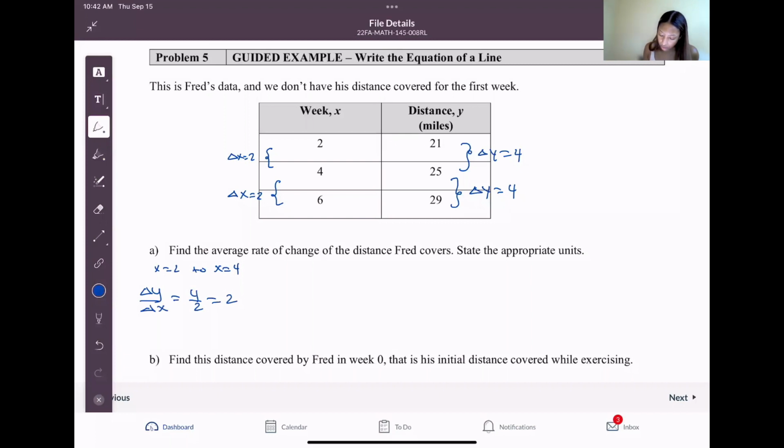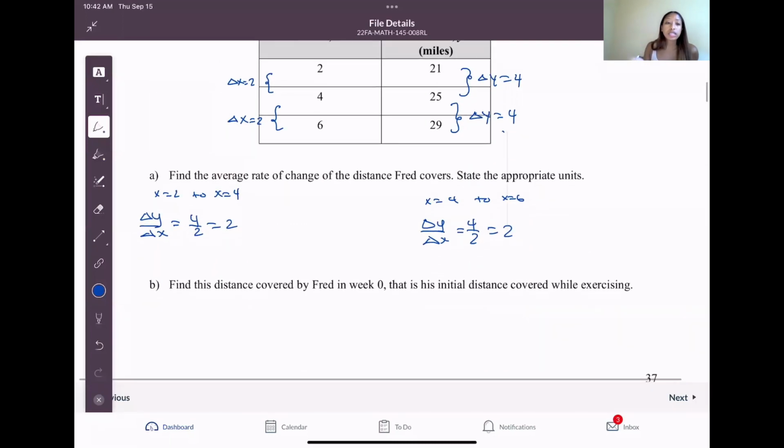Same thing for x equals 4 to x equals 6. Delta y over delta x is equal to 4 over 2, and that equals 2. So yes, this is linear. We have a constant average rate of change. That means that m is equal to 2.